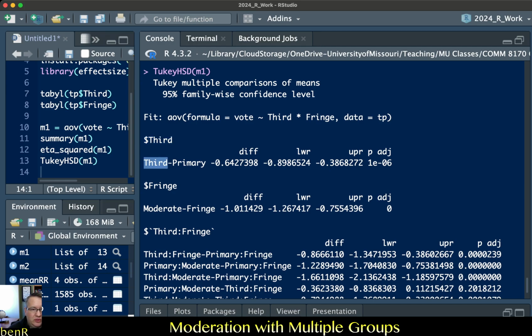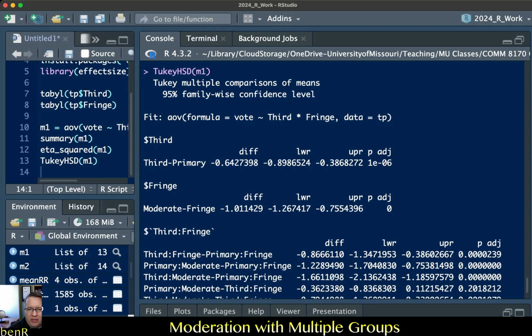And here it says third minus primary. So primary is the same party challenger. And it's negative 0.64. So the scale of this is a 1 to 7 scale, which means that on balance, third party challengers had more than a half a point, about 2/3 of a point less vote support on that 7-point scale.